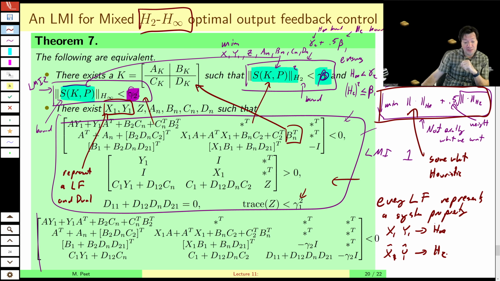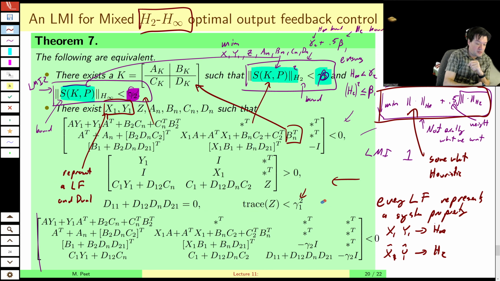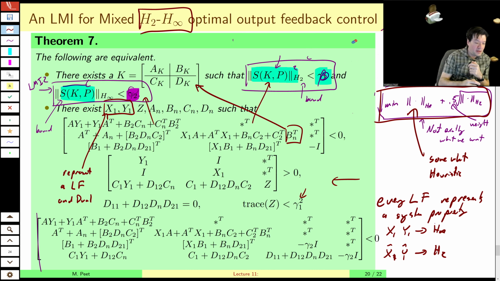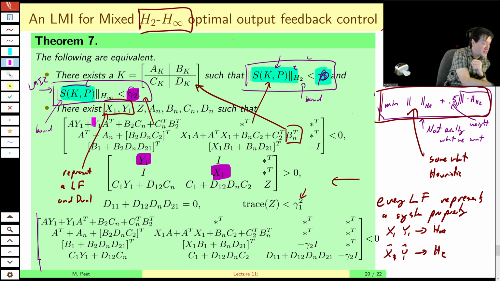And they're not the same. So the LMI for the H2 norm is given in terms of a Liapunov function here, which is a necessary and sufficient condition. You search for that Liapunov function for the H2 norm. For the H infinity norm, a necessary and sufficient condition is given in terms of a different Liapunov function, x1, y1, given here.